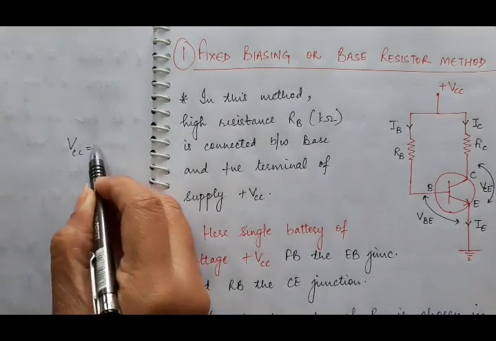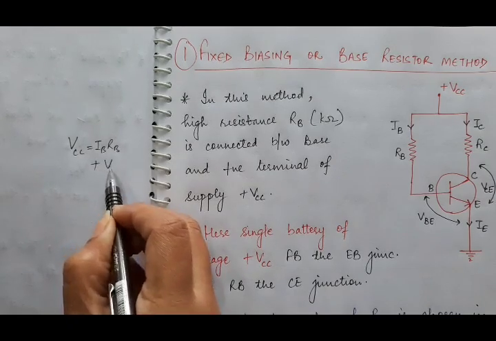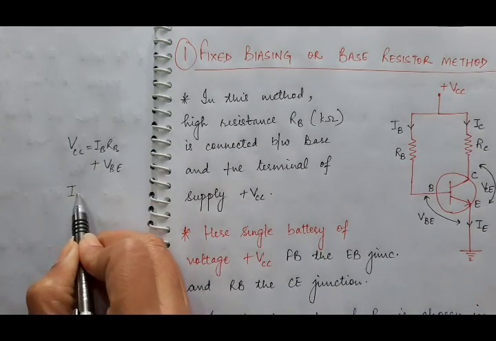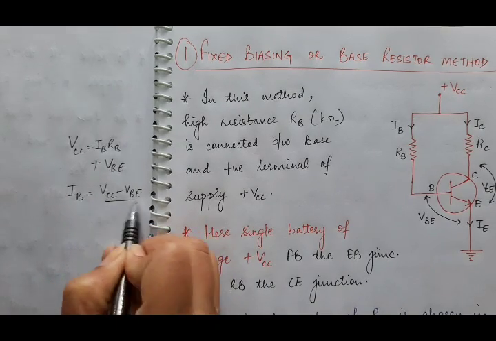VCC equals IB RB plus VBE. Find the value of IB. It was VCC minus VBE upon RB.